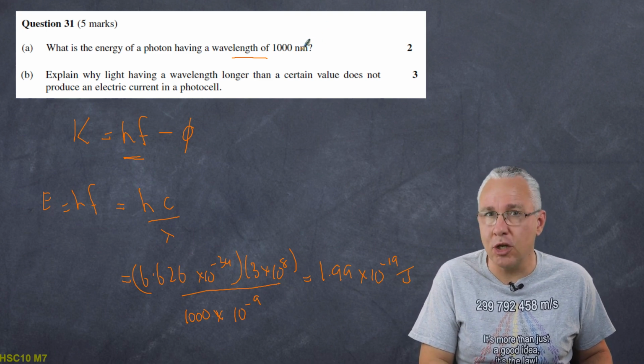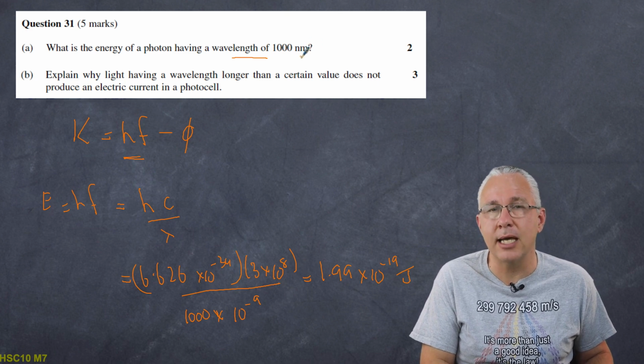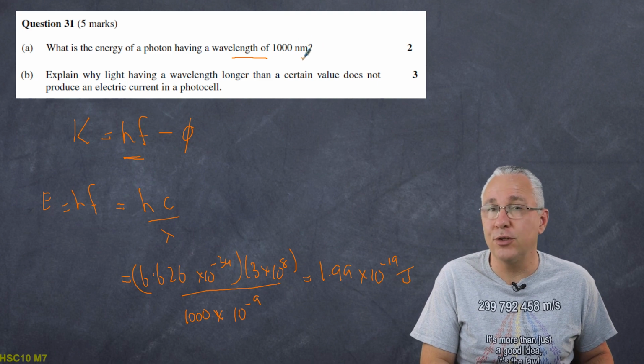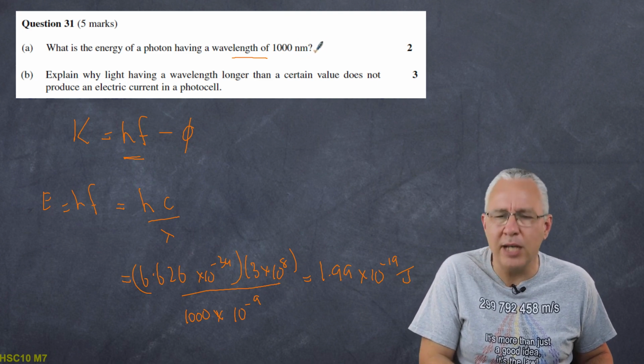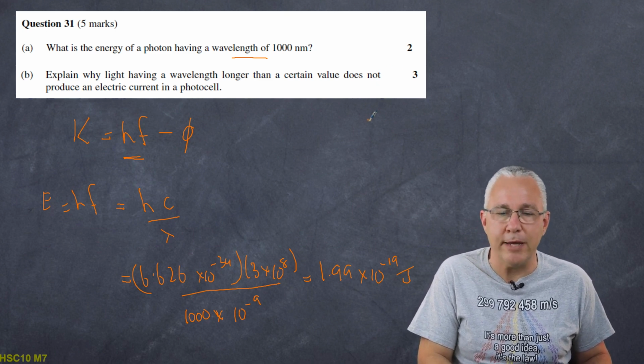And the second most common mistake is forgetting the nanometers. That's our non-SI unit. And so you need to make sure you put in 1000 times 10 to the negative 9, or 1 times 10 to the negative 6 meters, correctly for our wavelength.